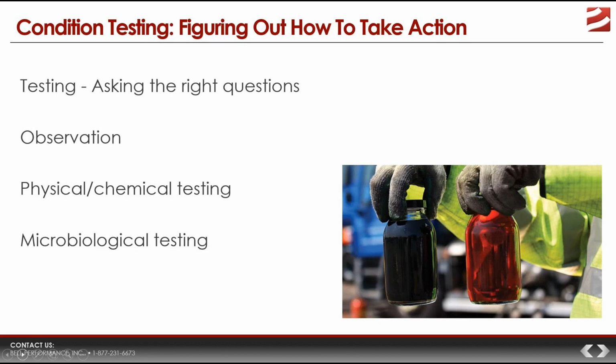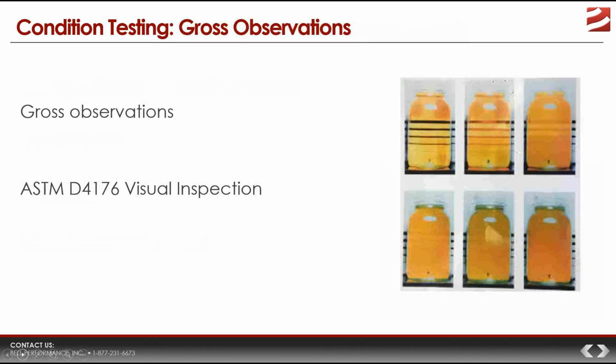Third one is chemical testing. And the fourth one, last but not by any means least, is microbiological testing. So let's delve into these categories and talk about what kinds of tests go into them and what values they may have towards helping us answer the right questions that we're trying to ask.